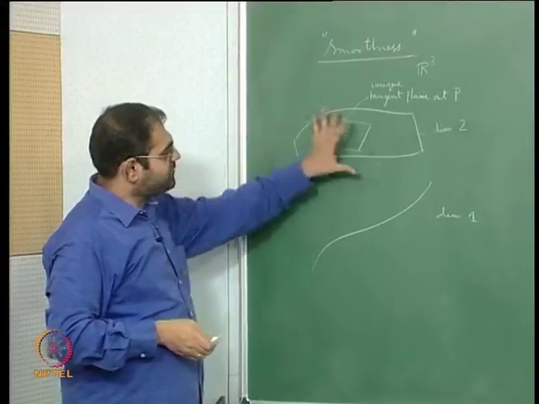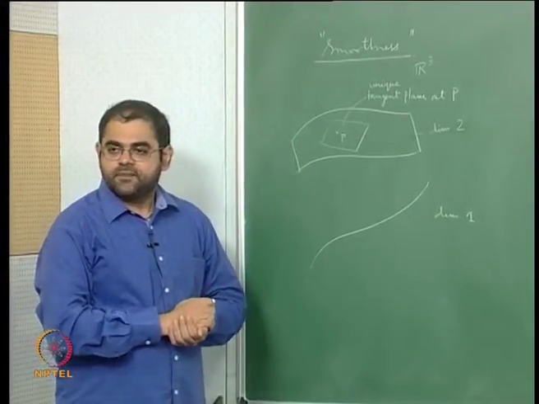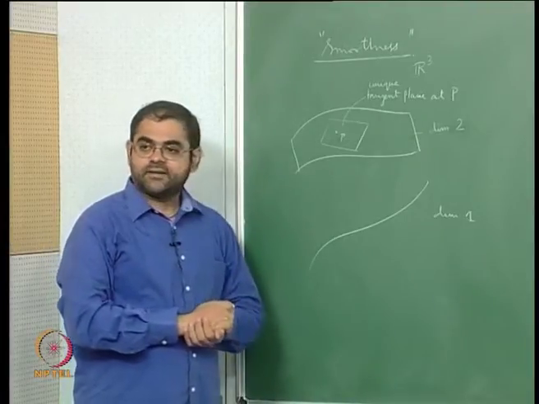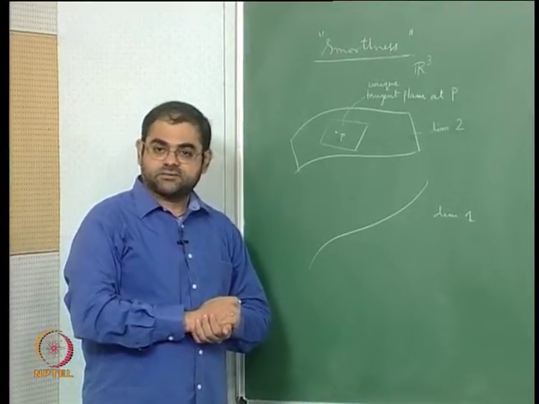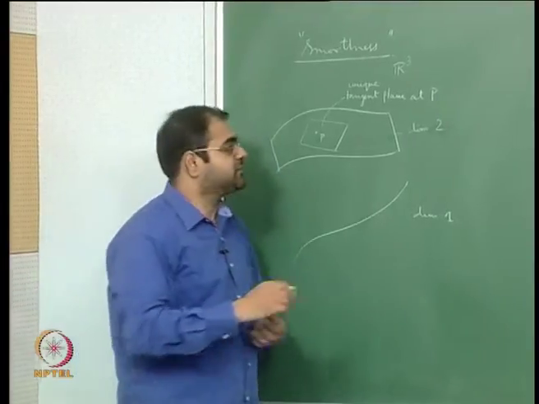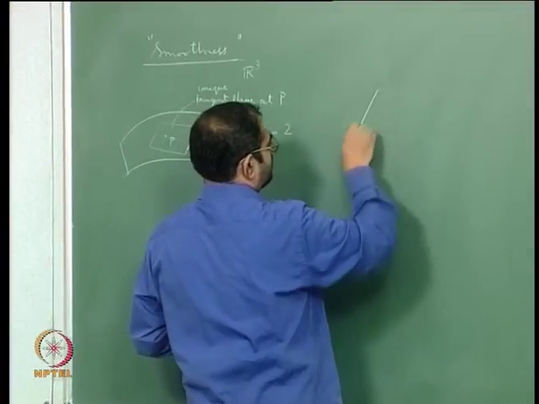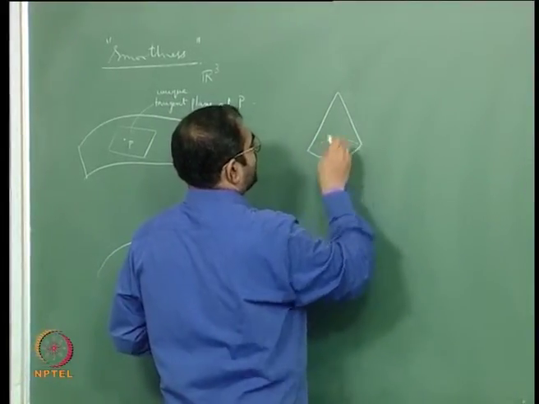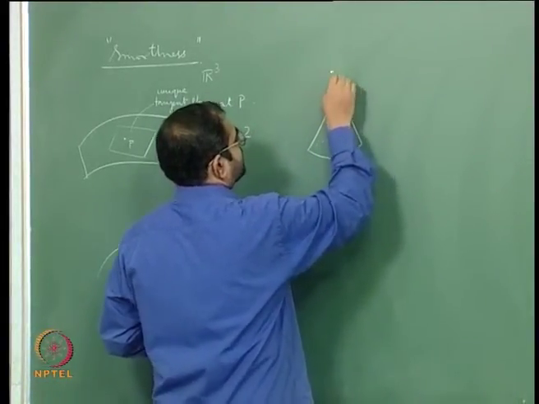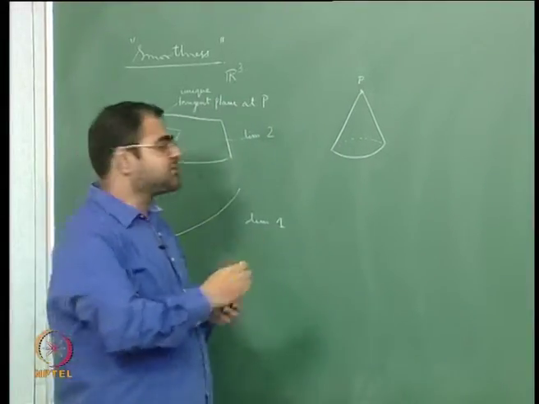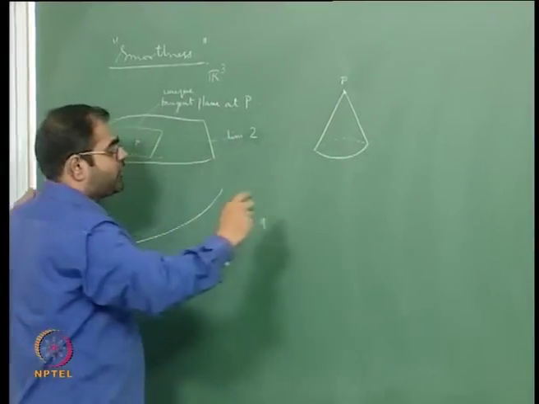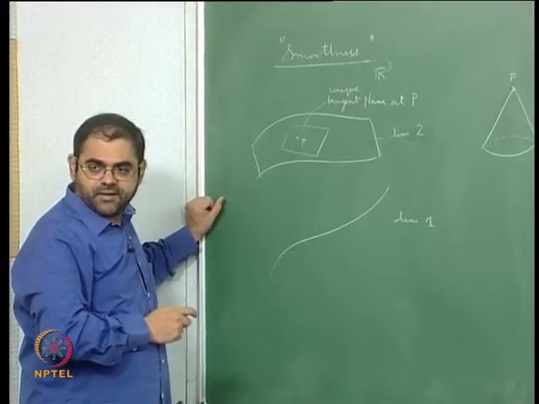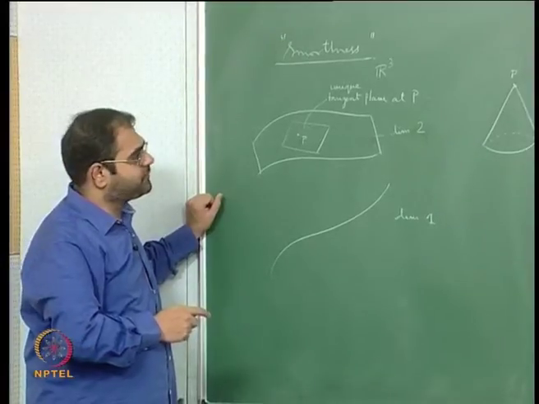And if the surface is not smooth at a given point, then if you look at the tangents, the tangent space could have higher dimension. So for example, if you take something like a cone, and you consider the vertex to be the point, how do you calculate the tangent space? It is the space spanned by all tangent vectors. And what are tangent vectors?